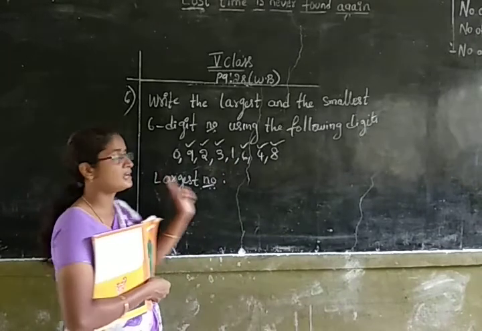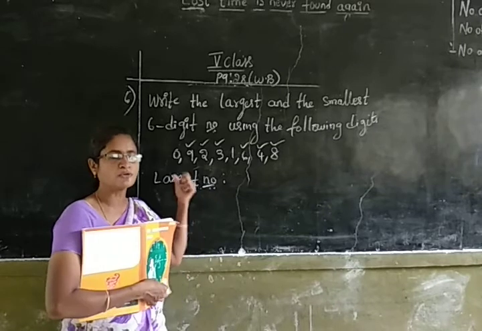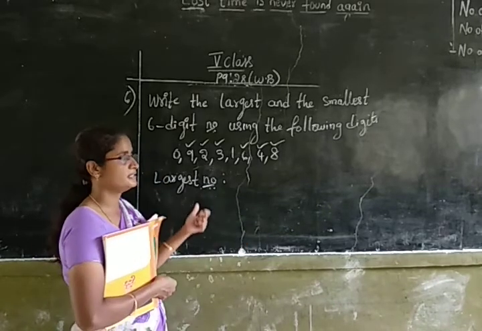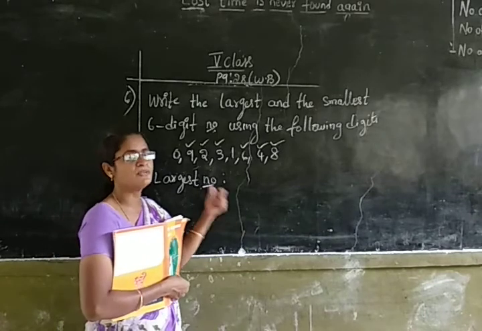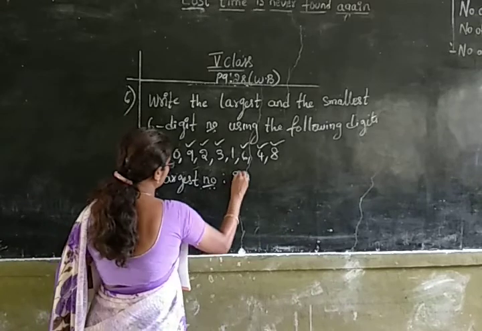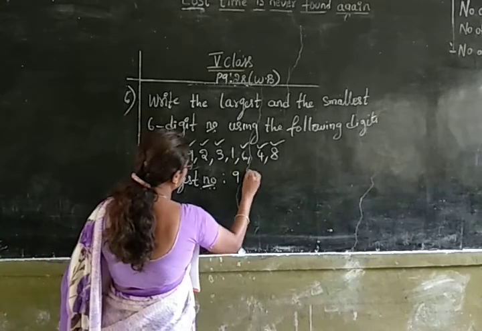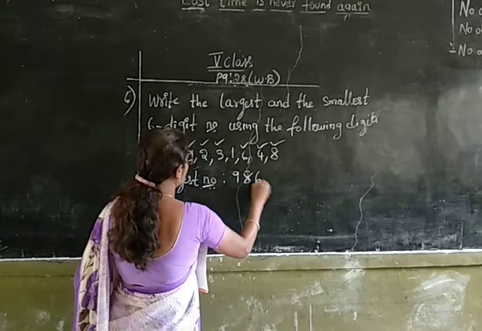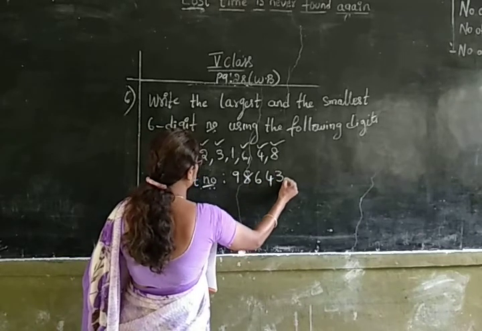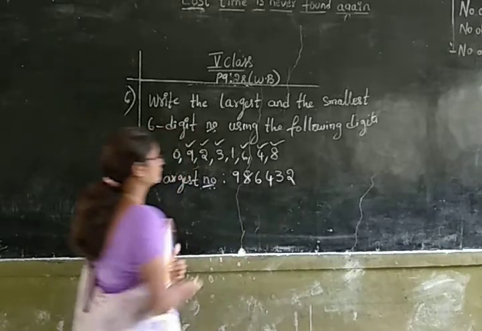Okay, for writing the largest 6-digit number, you have to arrange the given digits in descending order, which means big to small. So which is the biggest digit among the given digits? 9. Next biggest digit is 8. Next 6. Next 4. Next 3. And next 2. Okay children.